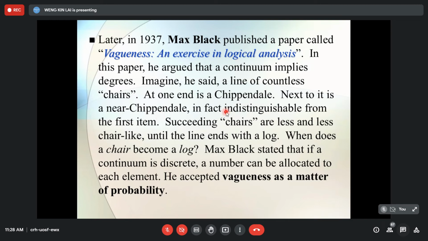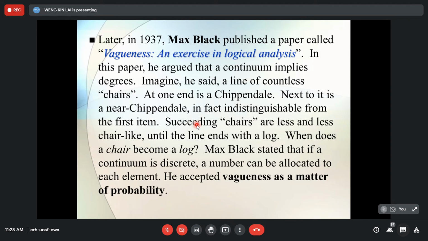So here, Max Black used an example of chairs compared to my example of durians. The near Chippendale is similar to, in my case, the near black thorn. Now, of course, if you move to the left-hand side, as you go further and further down, you have chairs which are less and less chair-like. You come back to the definition of a chair.